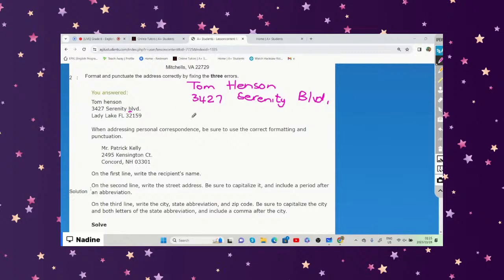Then we have the city, followed by a comma, FL, which indicates the state, and our zip code.